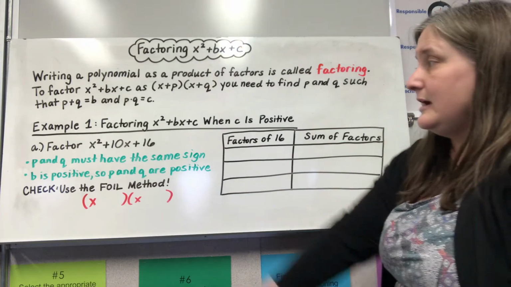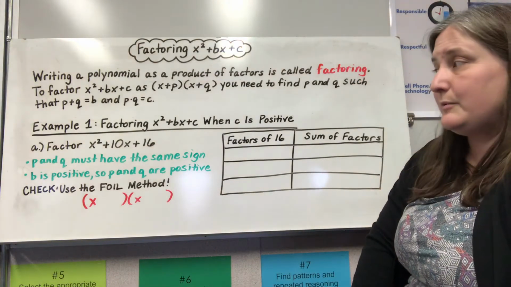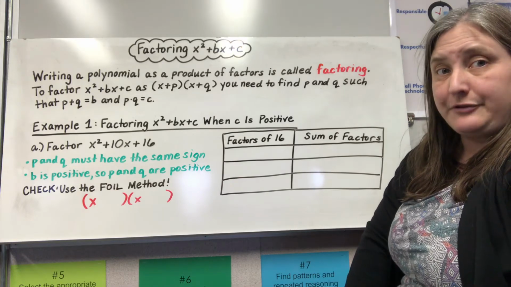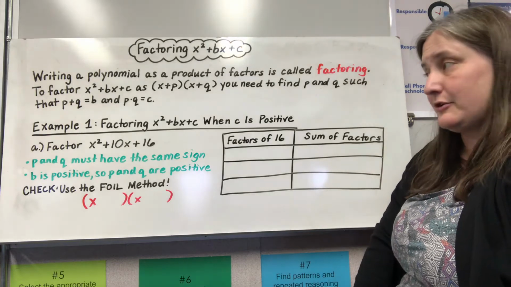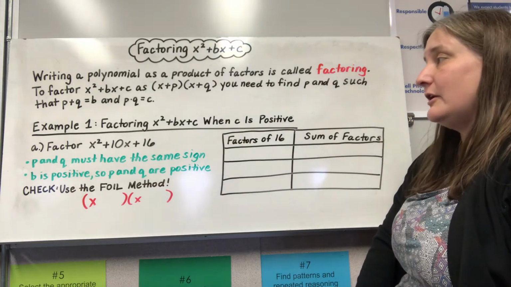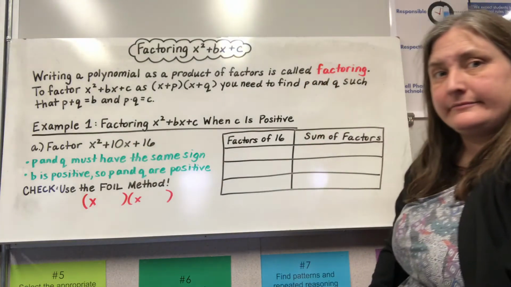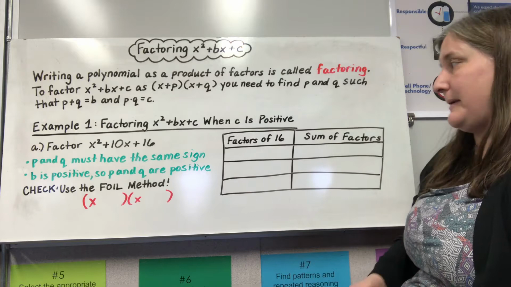So in this case, because our c constant is positive, we know p and q have the same sign. We also can figure out that p and q must be positive because when I add them together, they're both going to be multiplied by x. When I add them together, we get a total of 10. So that's a positive number, so we have to be adding two positives to get a positive.